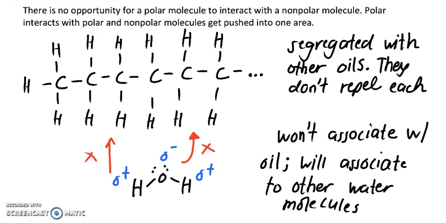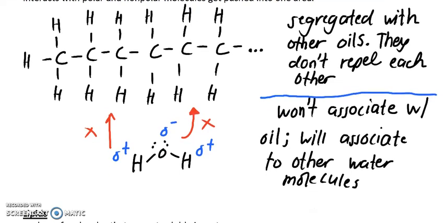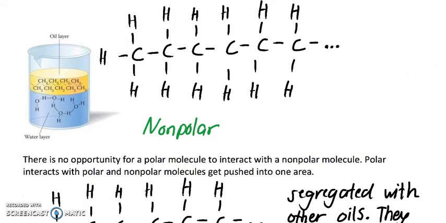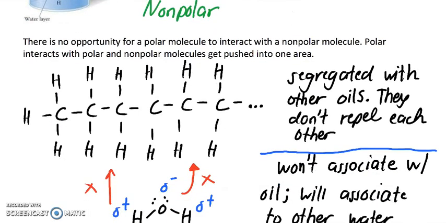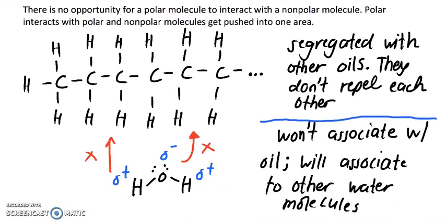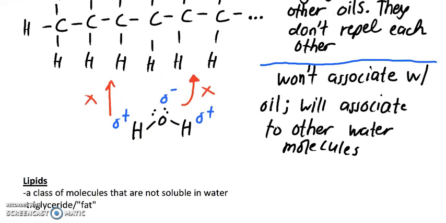Because again, think of magnets. There's no negatives, no positives to cause attraction or repulsion for these nonpolar substances. But this is why you'll have oil in one layer and then water in another layer. They won't mix. There's no area for it to cause any attraction.